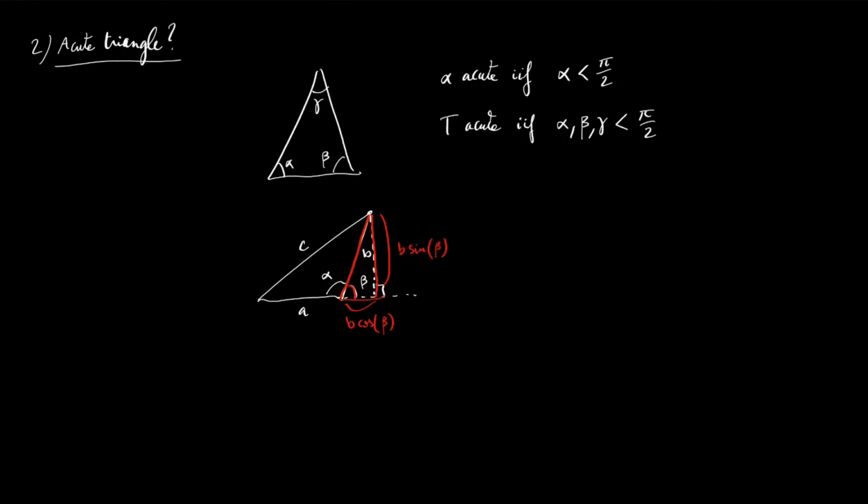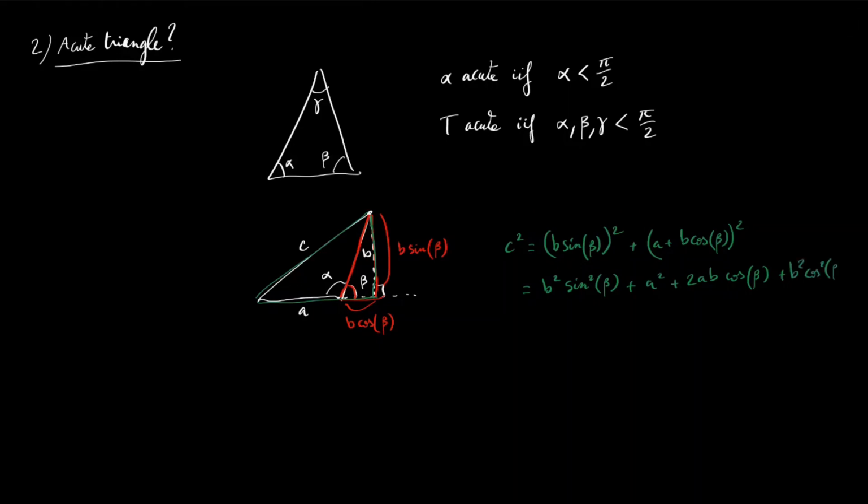Now let's take a look at this other right triangle over there. And according to the Pythagorean theorem, we know that C squared is equal to (B sine beta) squared plus (A plus B cosine beta) squared. By developing, we find B squared sine squared of beta plus A squared plus 2AB cosine beta plus B squared cosine squared of beta.